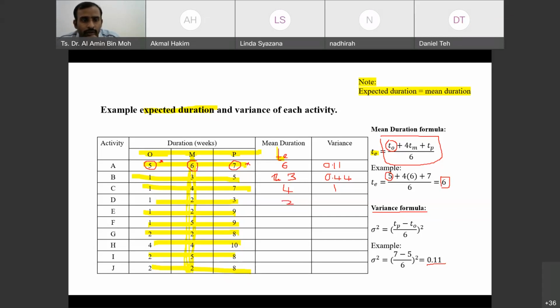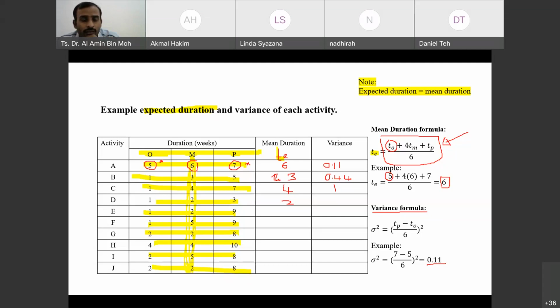Can you do the same for A? 6 plus 7 divided by 3, yes, still get the same answer, just O plus M plus P divided by 3. Okay. The formula is this. I'm just wondering if there is any occasion that it's not going to work.